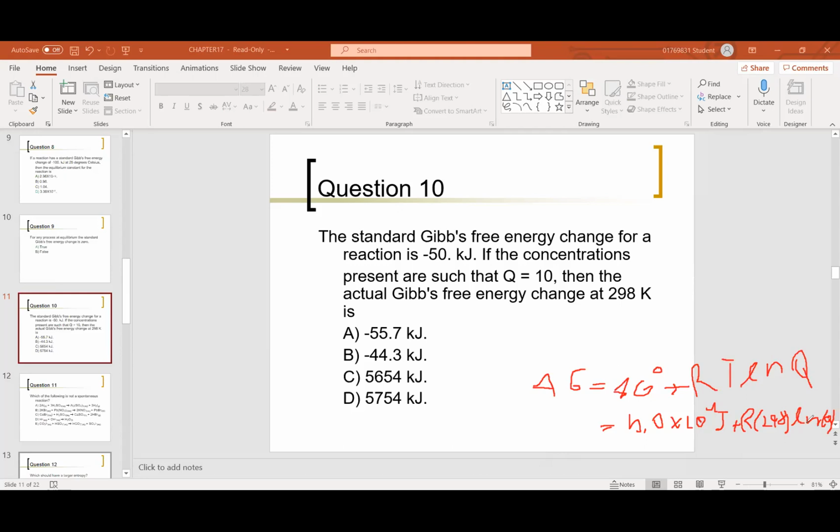All right, so 50,000 plus, not negative, 8.31450 times 298. Do that whole thing, right? And then ln of 10. Okay, that's a bigger number.